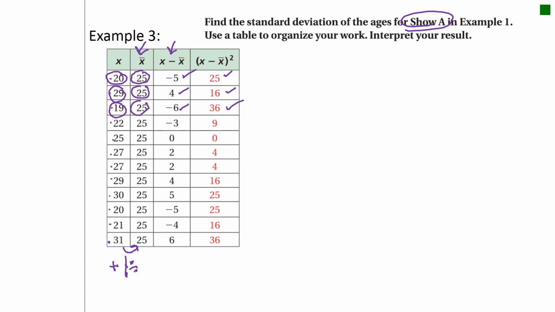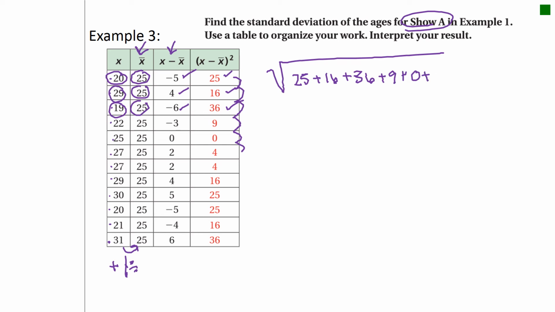All of this plays into that formula from before. The formula is the square root of the sum of all of these added up. So I'm going to add 25 plus 16 plus 36 plus 9 plus 0 plus 4 plus 4 plus 16 plus 25 plus 25 plus 16 plus 36.